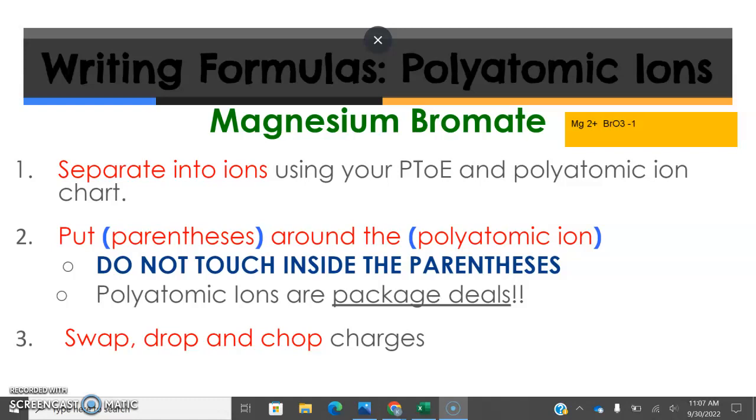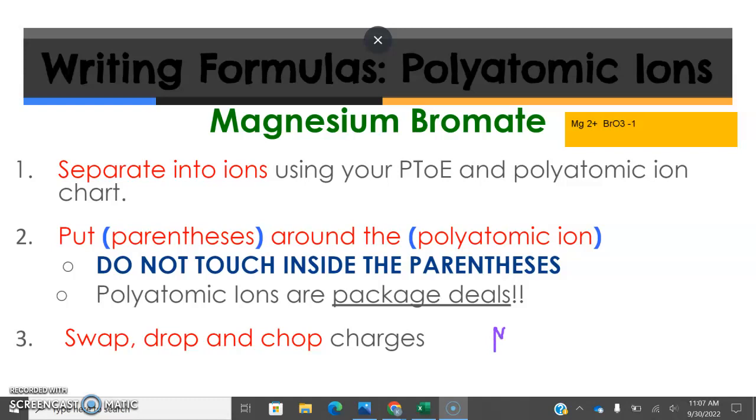Okay, so now we can do our swap, drop, and chop. So it's going to be just like we did with our single cation and anions. It's just this time when we have our polyatomic, we're going to leave it in parentheses. So I'm going to just do it down here.